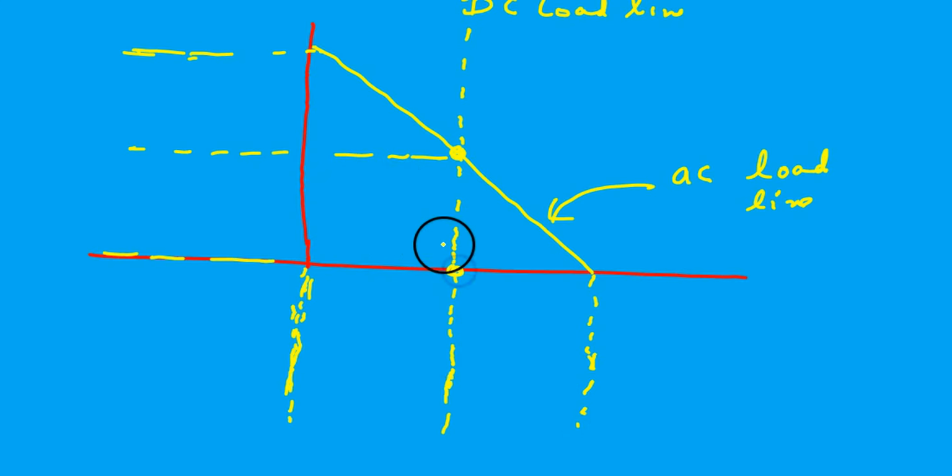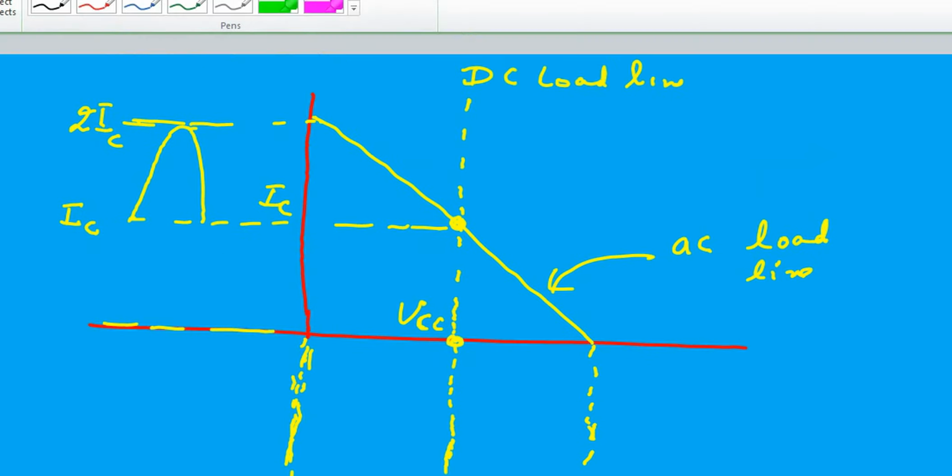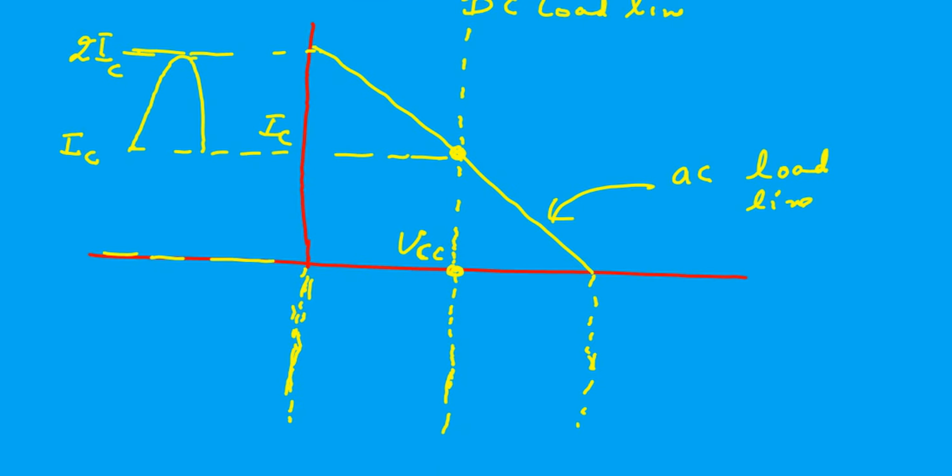So here the value of VCC, here the value of IC. Now the collector current varies like this between IC and 2IC. This reference level below it is 0. So the collector current varies peak to peak from 0 to 2IC, and as a result VCE varies like this.